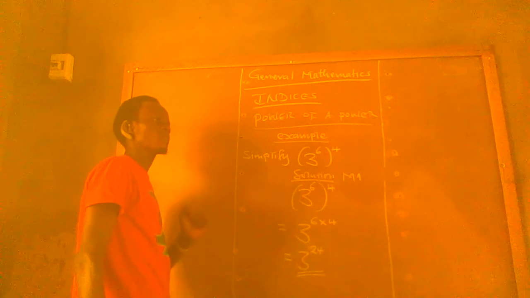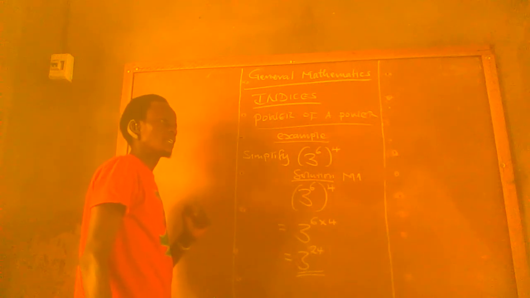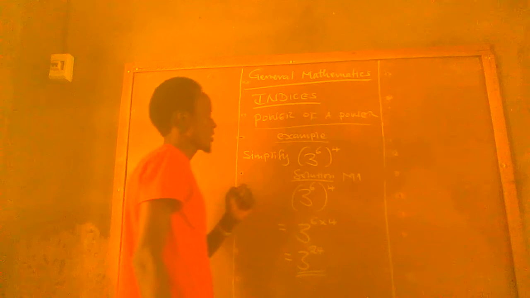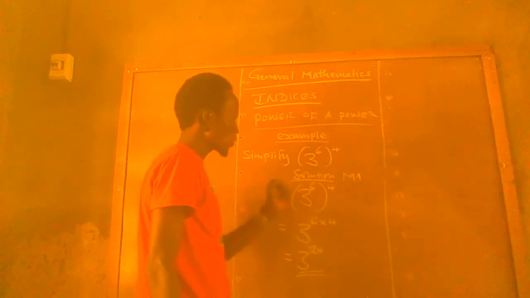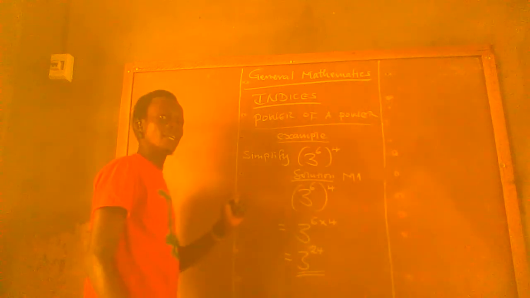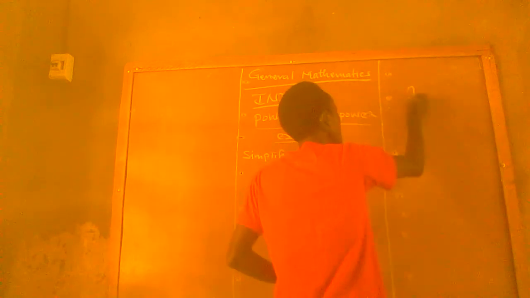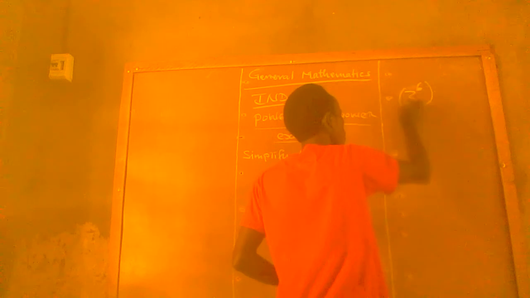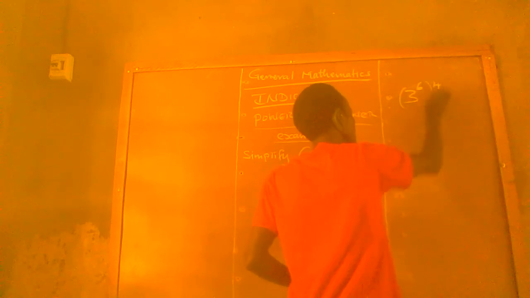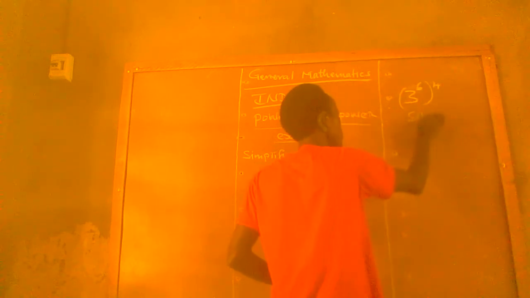Then now, the next person will say, no, I'm not going to use this method. Alaji will say, let me use this method now. 3 raised to the power 6, all raised to the power 4. The same problem, solution.